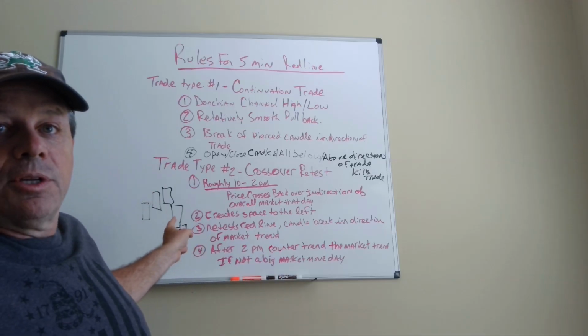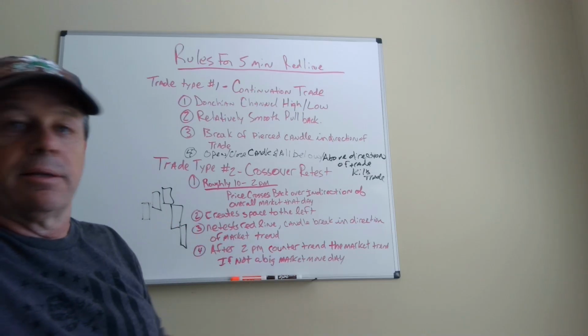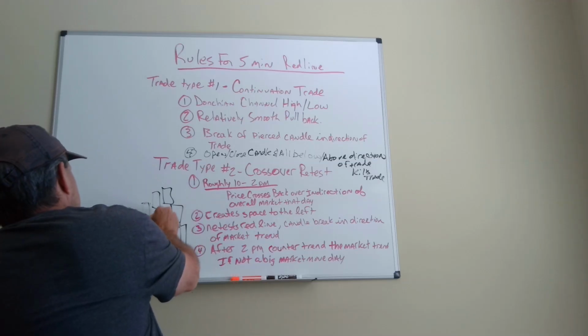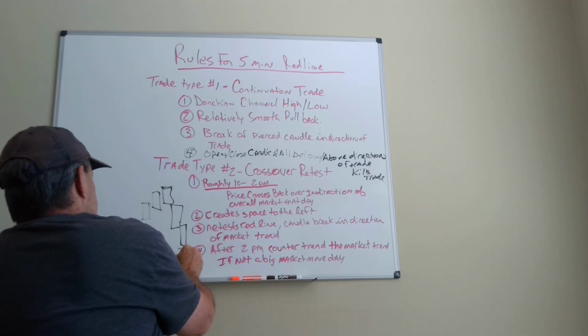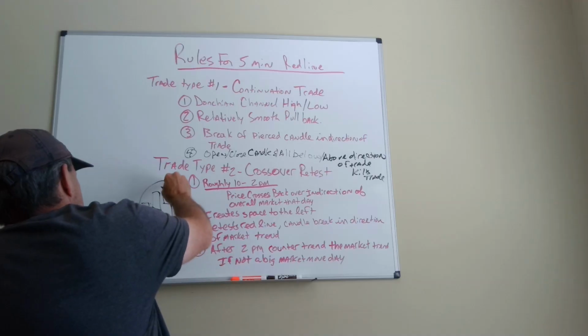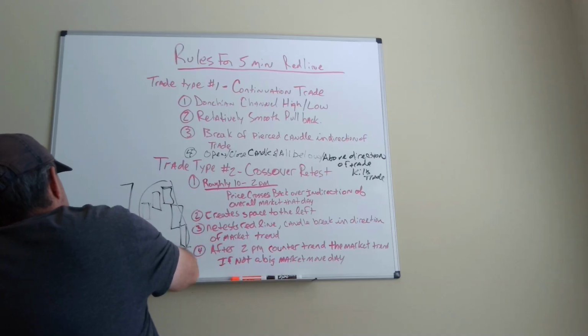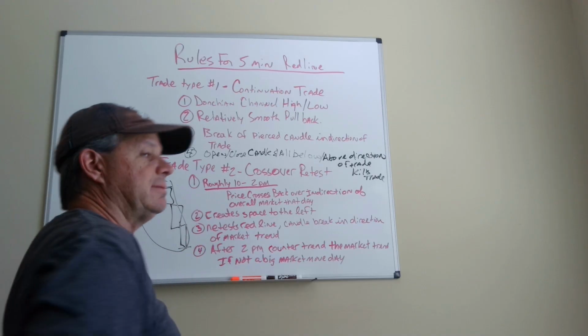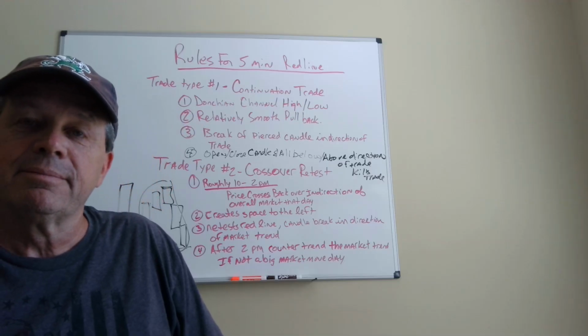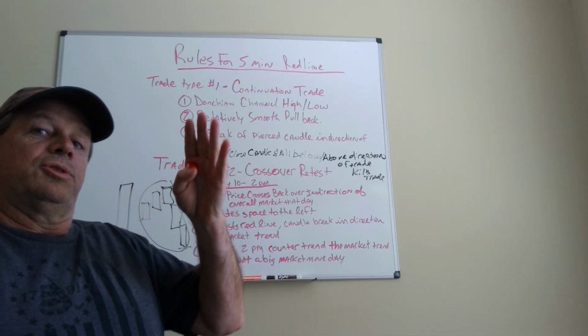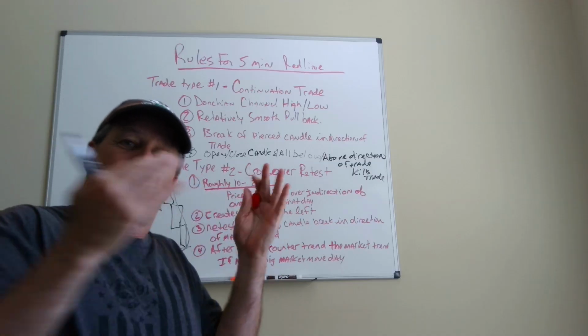Well, what is that? There's 5 1-minute candles. Even though we went from here to here and then down to here, to a 5-minute trader, it just looks like one big red candle. Get what I'm saying? So to them, it's still smooth. It's still a smooth pullback.